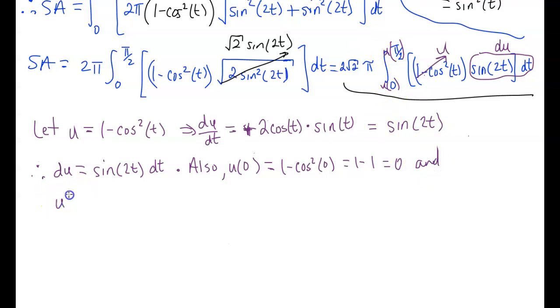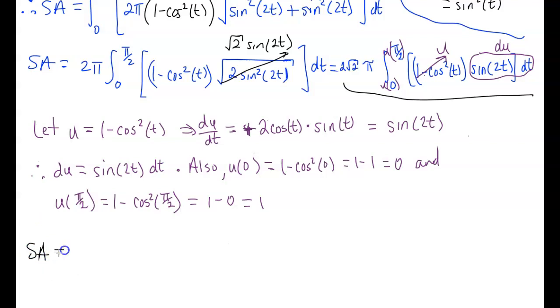And we'll see that u of pi over 2 would be 1 minus cosine squared of pi over 2. And of course, cosine of pi over 2 is 0, so 0 squared is 0. So that would just end up being 1. So now that we have all that together, we can go ahead and wrap things up.